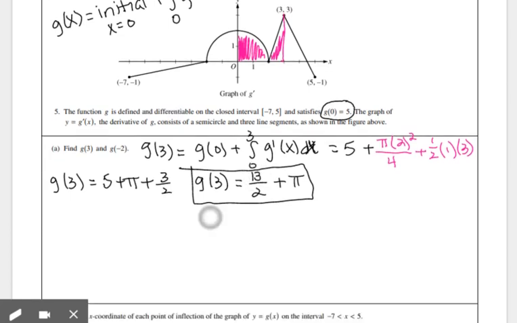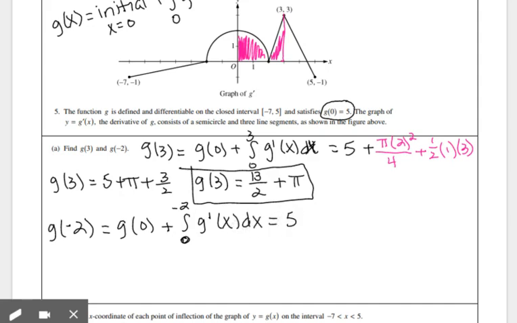And then if we want to do g of -2, it's very similar. So g of -2 is going to be g of 0 plus the integral from 0 to -2 of g prime. Well, g of 0 is still 5, but now if we're doing an integral from 0 to -2, we're going backwards.